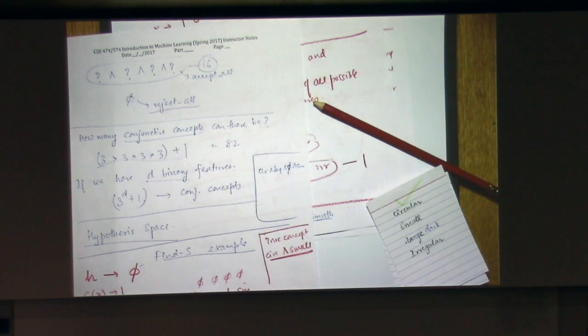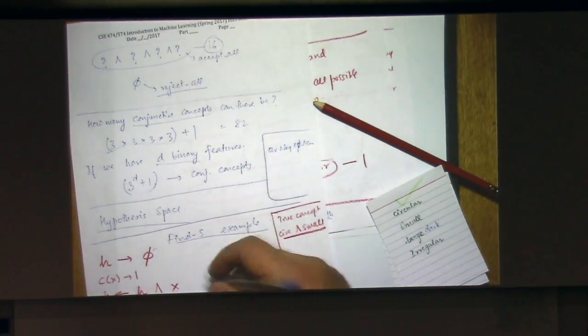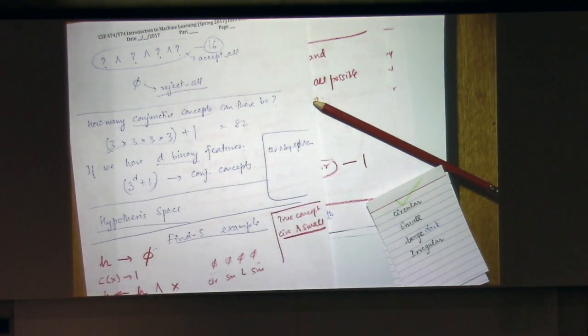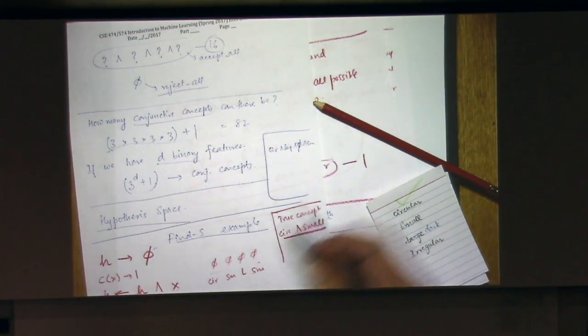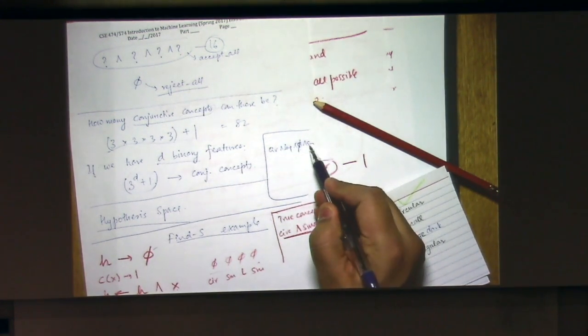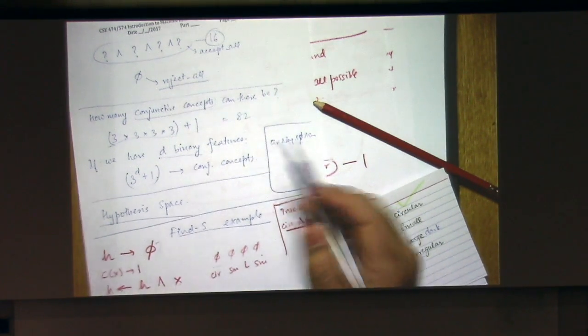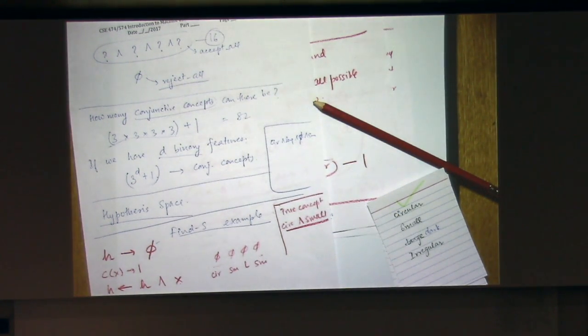But here, just because I want to do a pairwise AND, I wrote it here. You see what I mean? You cannot have a reject option in one place and something else in the others, because it's going to reject it anyway. So those are not valid concepts. The concept that is outside is a special concept that we have added. It cannot be represented in this form.